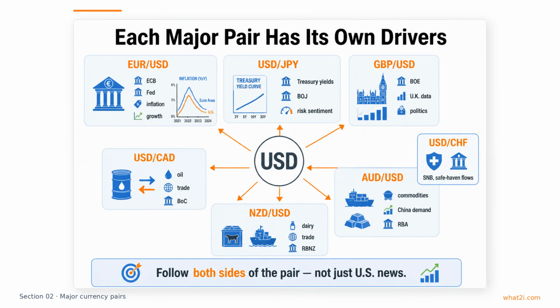GBP/USD can be heavily influenced by Bank of England decisions, UK data, and political developments. Pairs like USD/CAD, AUD/USD, and NZD/USD also have strong links to commodities and trade flows. So when you analyze a major pair, you have to follow both economies, not just the dollar.